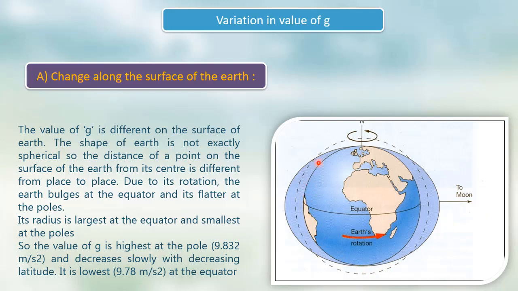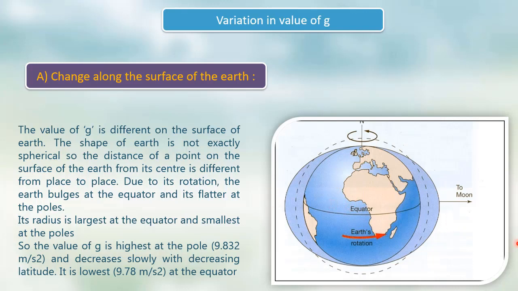Means it is not a sphere. It is nearly an ellipse. So the distance of a point on the surface of the earth from its center is different from place to place. Means here this is the center and the distance will be changed at every point.